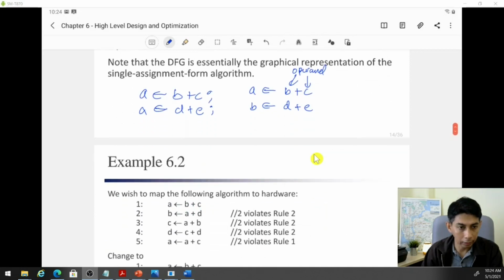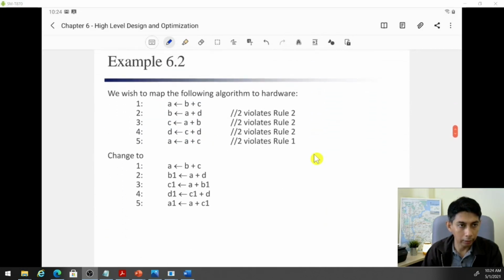And let's see here example 6.2, whether this can be done or cannot be done in writing the assignment. Okay, so at the first line, we have B plus C is assigned to A, A plus D is assigned to B, and so on and so forth.